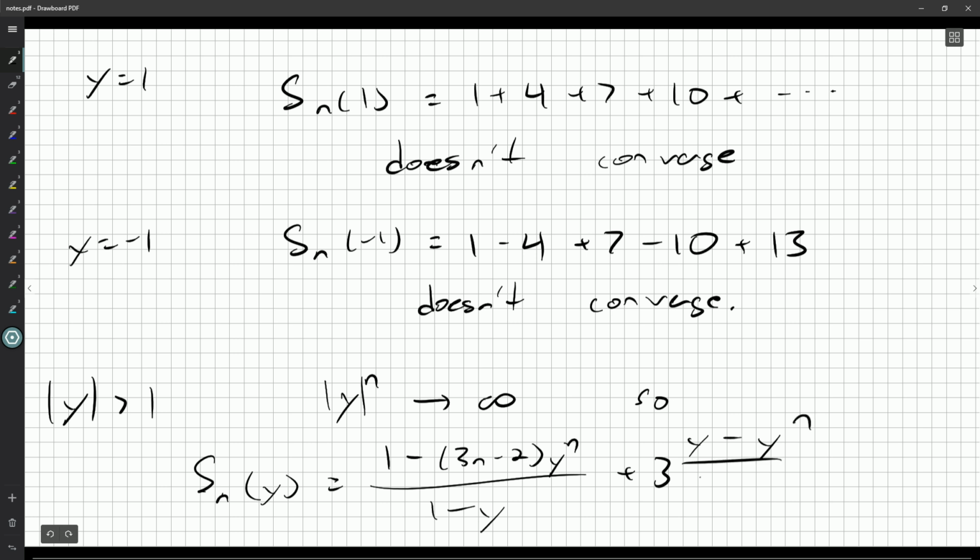Same thing with that y to the n over there. So again, the limit doesn't exist.